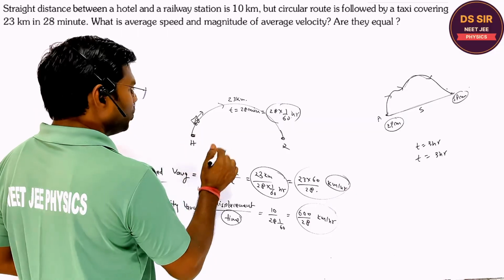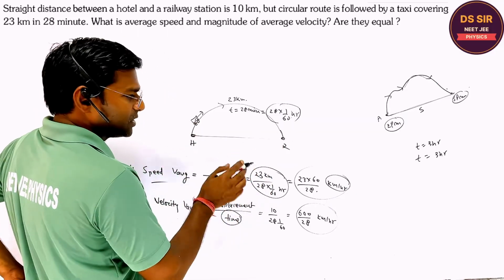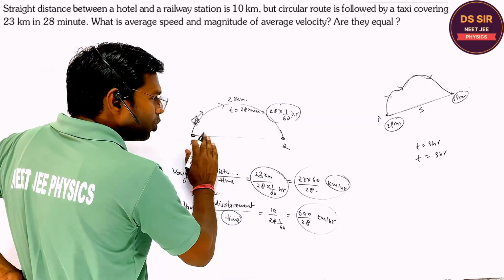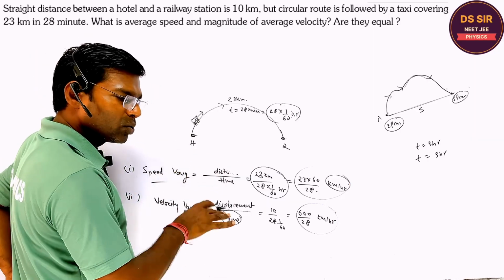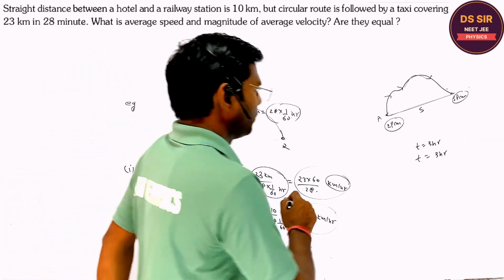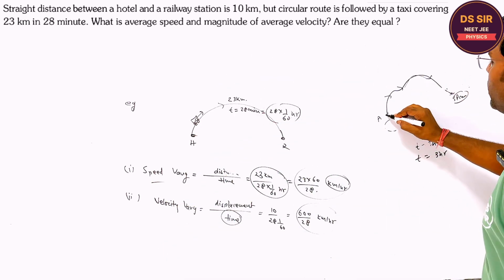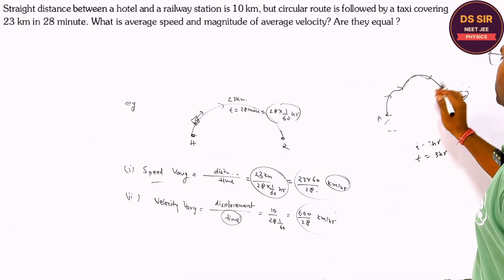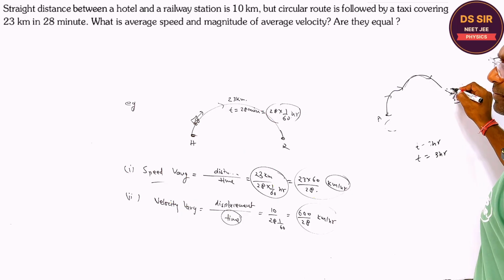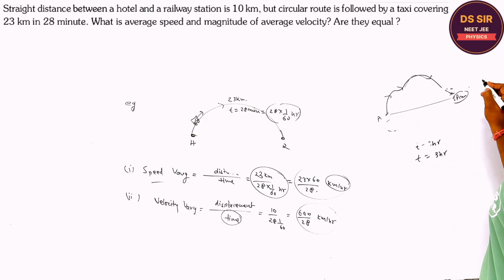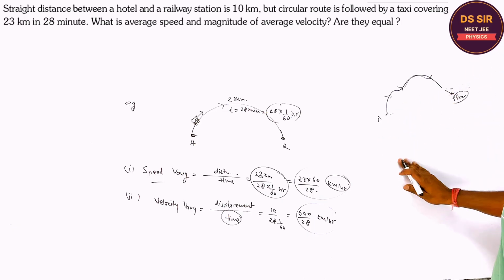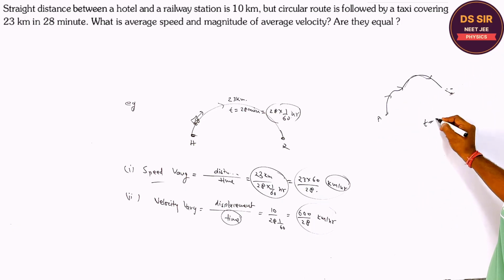But yes, you are correct. It would take less time if the speed is the same, but the car is not moving along this path, again I am saying. Right? They ask the question in this way. Suppose an aeroplane is moving here, the car is moving along this path. So the car is not moving in a straight line. If it is moving in this path, the total time is 3 hours.